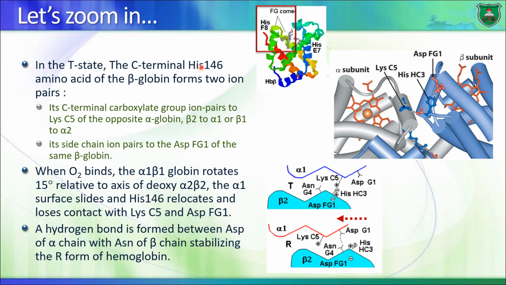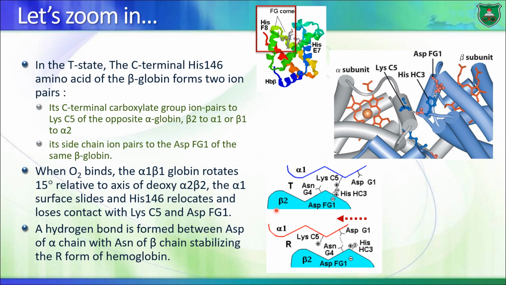Now, since histidine is the last one in this polypeptide chain, it has two opposite charges. It has a positive charge on the R group, and it has a negative charge on the carboxy terminus, right? So the negative charge on the carboxy terminus of that histidine forms an electrostatic interaction with lysine on the opposite chain, that is the alpha chain.